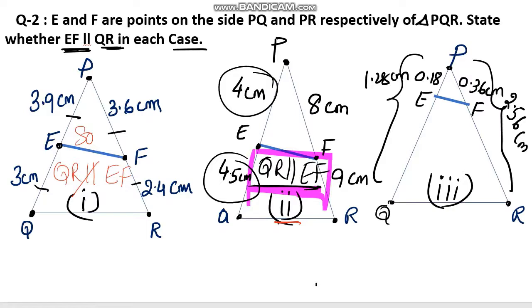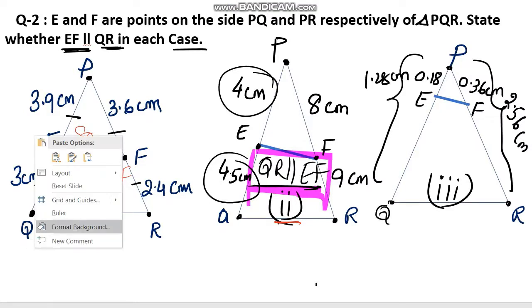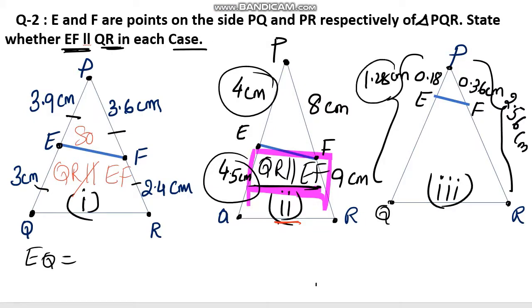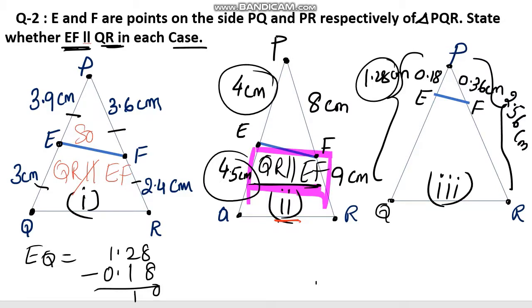EQ will be 1.28 minus 0.18, which is 1.10.